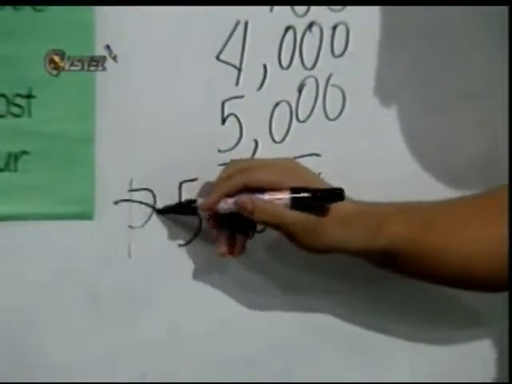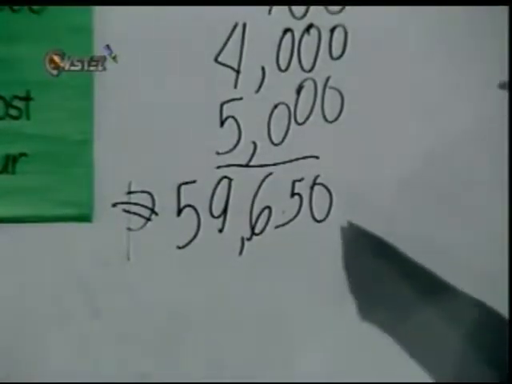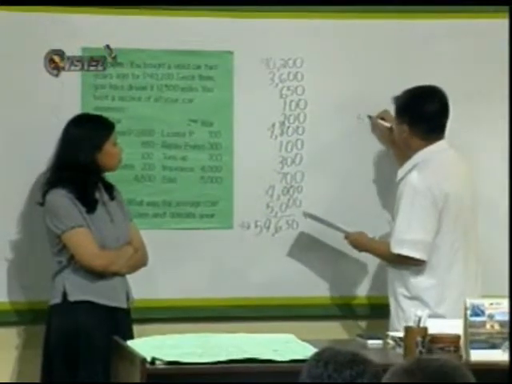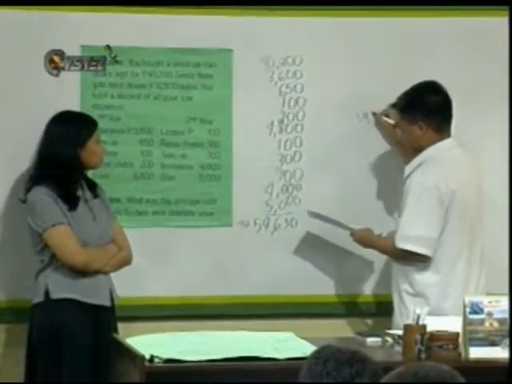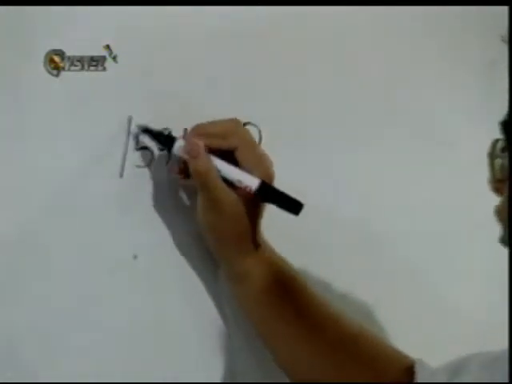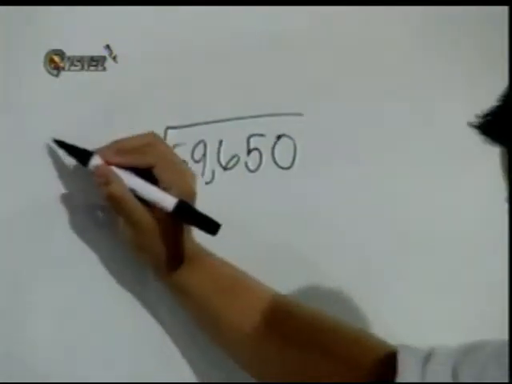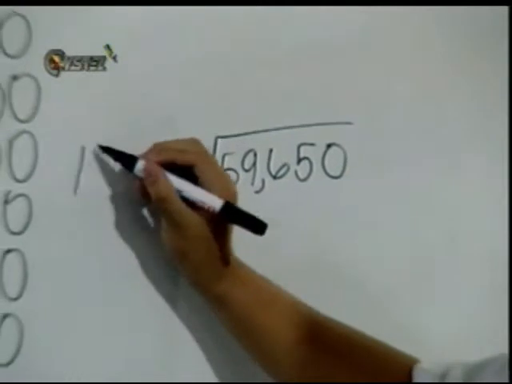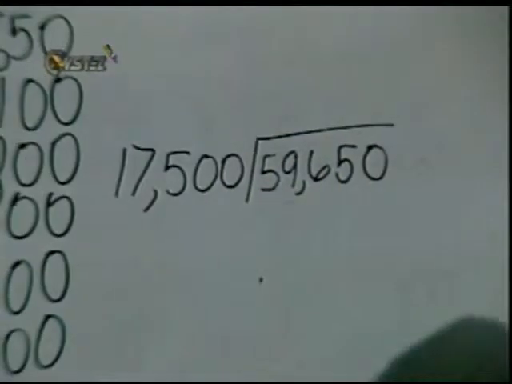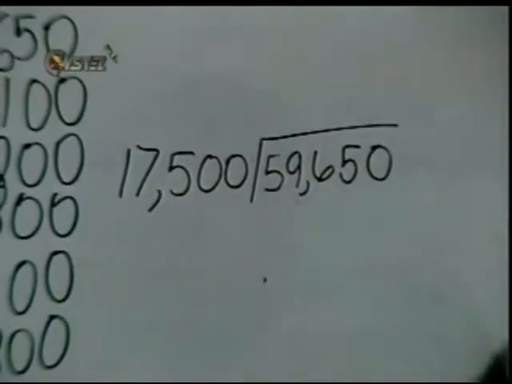That's good. Very good. Then I will divide the total expenses by the number of miles driven, which is 17,500. So what was your answer?